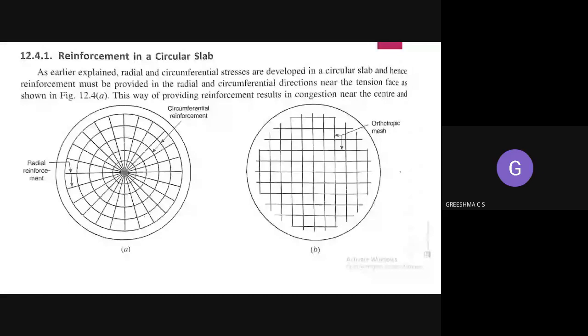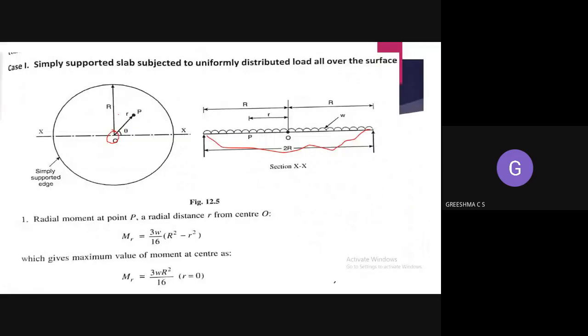Okay, so unlike the rectangular slab, because of its geometry, on the edges of the circular slab you will be having a tensile stress, and thereby there will be a circumferential moment at the edges also. So you have to consider the circumferential moment at the supports also.